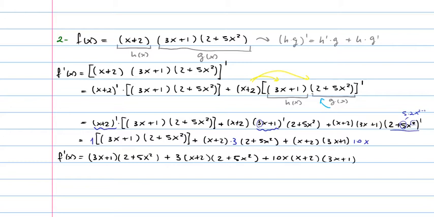It's a bit long and we don't really know what it is, but it's just a function. For the third problem, f of x is going to be 4x minus 3 divided by 2x plus 4.